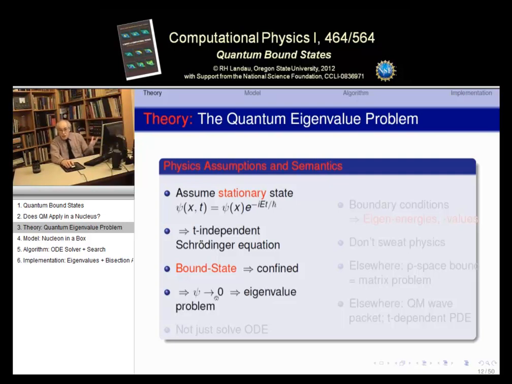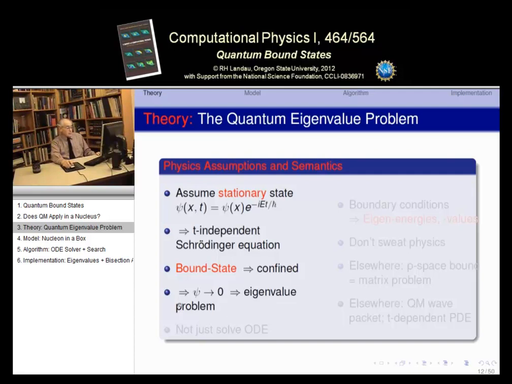And if we now use the mathematics of quantum mechanics, solving a Schrödinger differential equation, and we require that the wave function vanish outside of this region, because a bound state means the wave function is in one small region. Out here, it has to go to 0.